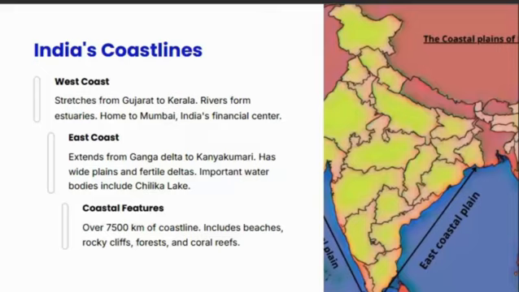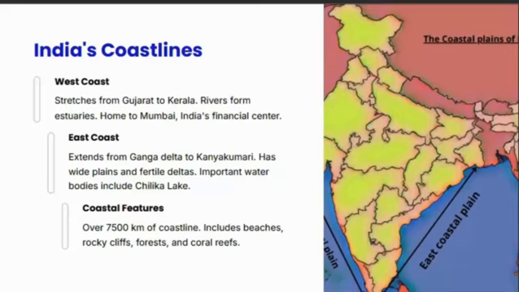Now we have India's coastlines. The west coast stretches from Gujarat to Kerala, and is home to Mumbai, India's financial center. And the east coast extends from the Ganga Delta to Kanyakumari, and it has wide plains and fertile deltas. Important water bodies include Chilika Lake.